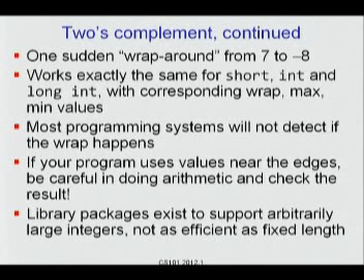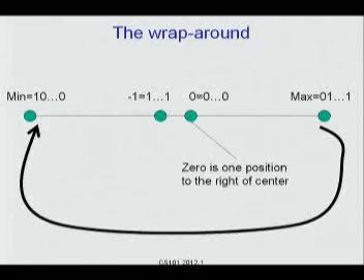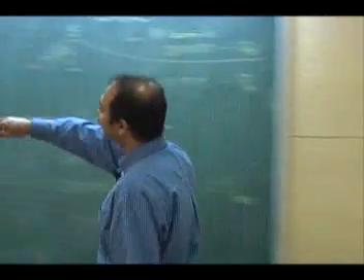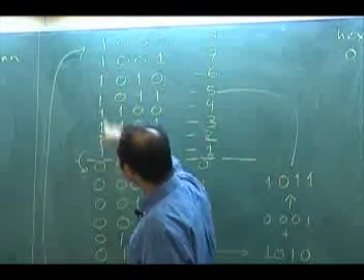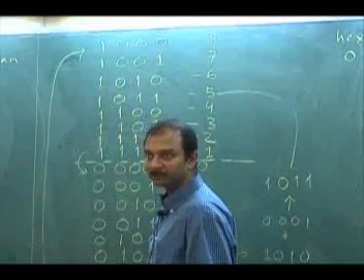Now, this works exactly the same way for short, int, and long ints with their corresponding wraparound point, maximum value, and minimum value. Okay? So, observe that if I wrote down the number line, there is an equal number of configurations with a 1 in the leftmost position and 0 in the leftmost position, right?